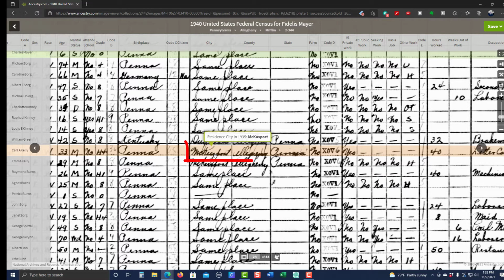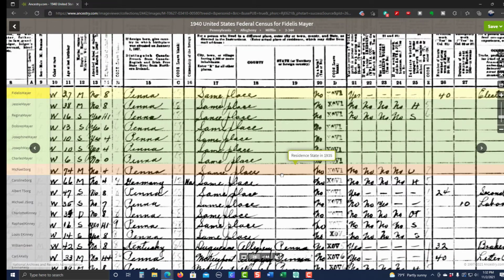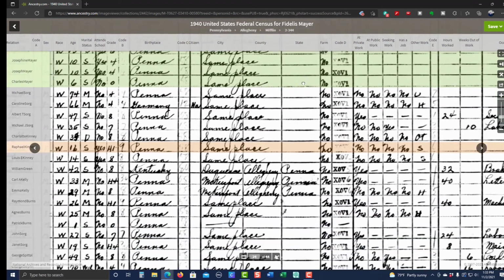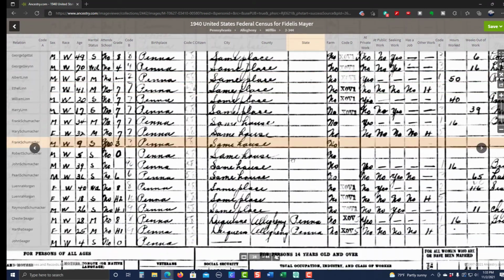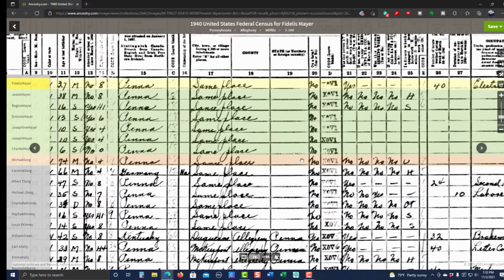This person in 1935 was living in McKeesport, which is also close to this area, in the same county and state. But it's also asking for residents in 1935, in addition to the city, county, and then the state or the territory or foreign country. In this case, on this page, I don't believe anybody was living in a foreign country in 1935.